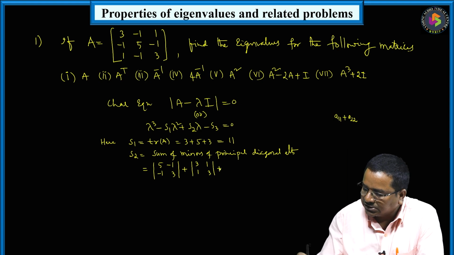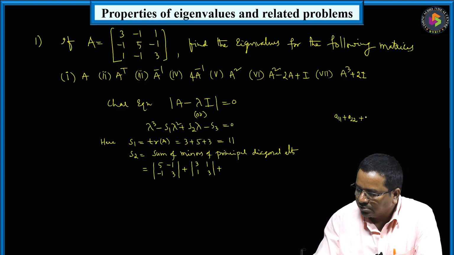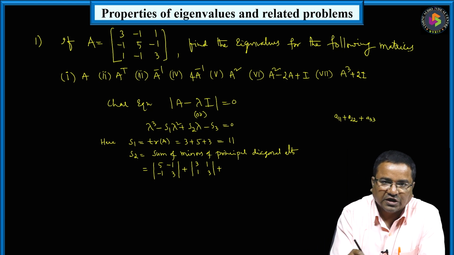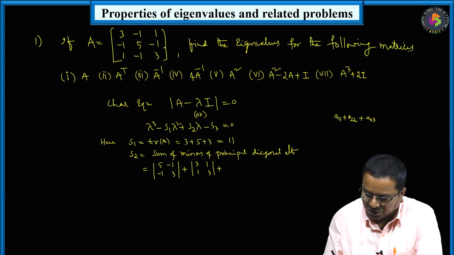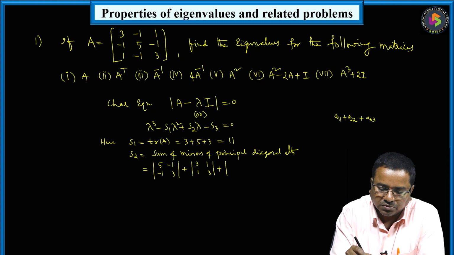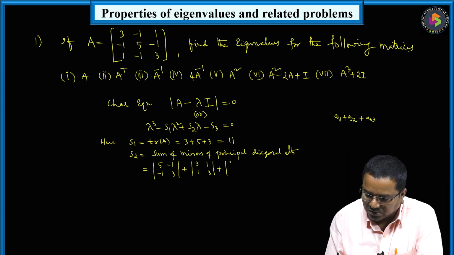Then the next one, A33: the minor of A33 is obtained by deleting the third row and third column, which gives 3, minus 1, minus 1, 5.